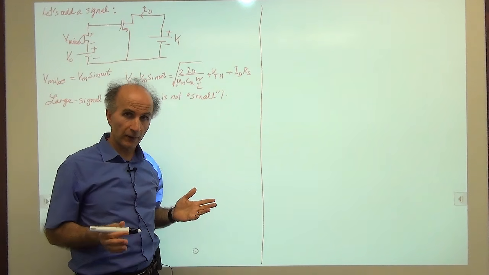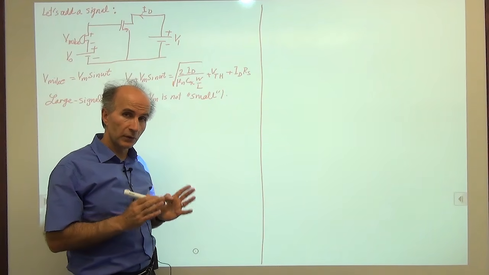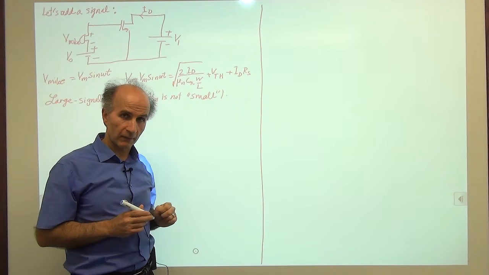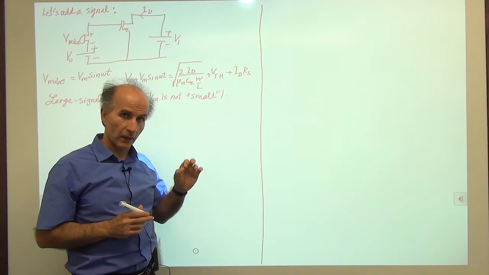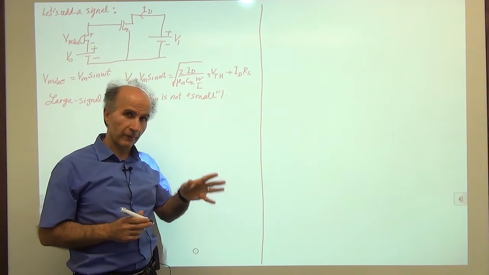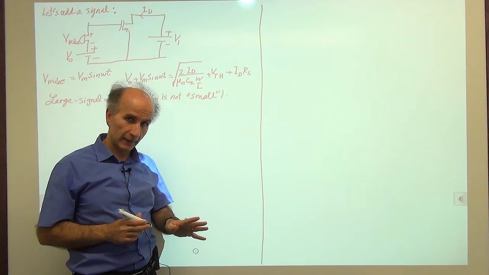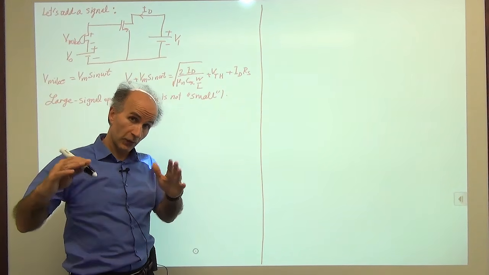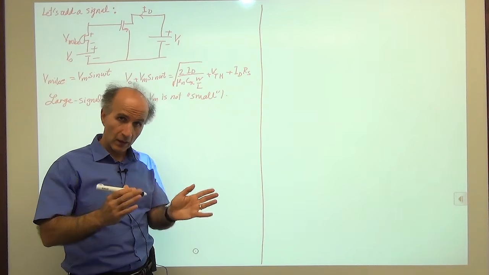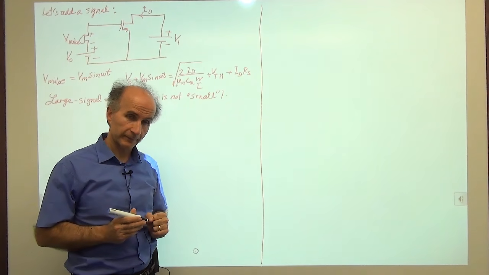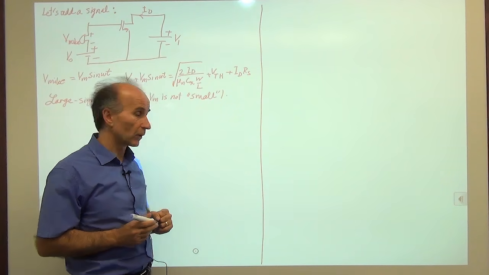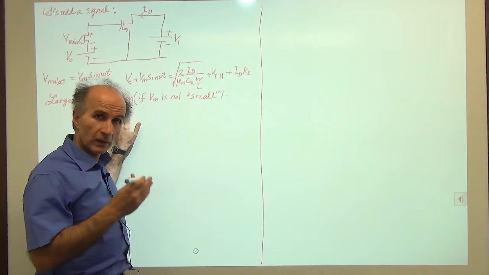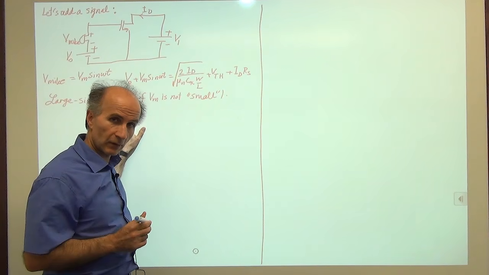If we haven't specified anything, we continue to use the complete model of the MOS device, which is ID equal to 1/2 mu n Cox W over L times VGS minus VTH squared. Now, if you want to include channel length modulation, then, well, times 1 plus lambda VDS. All right, so by large signal operation, that's what we mean. The signal is coming in. We don't have any particular limit on it.